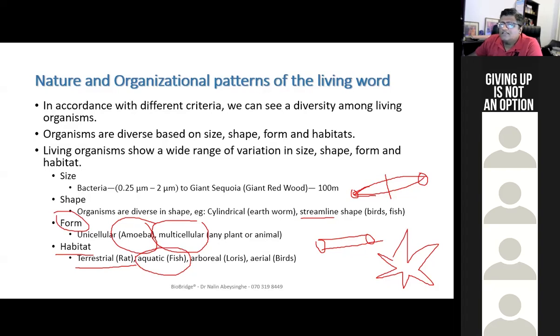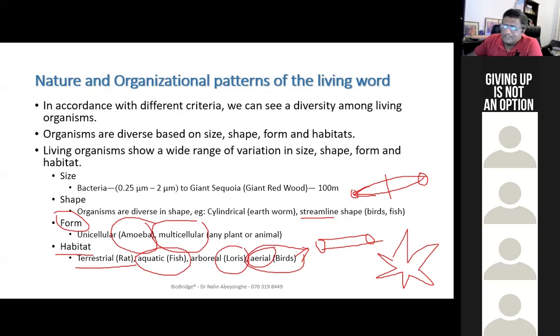Arboreal is living in trees. Loris is one. Then aerial. Birds in part are arboreal, but mostly they are found in the sky. So their habitat is called aerial. Likewise.